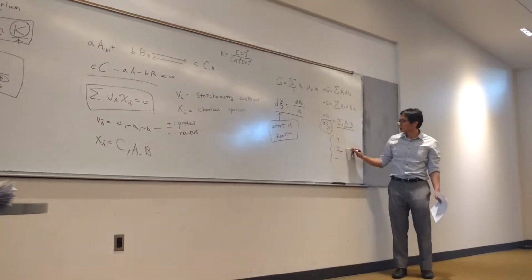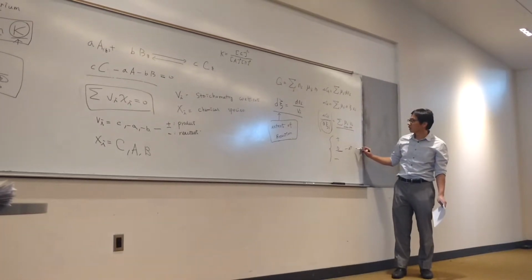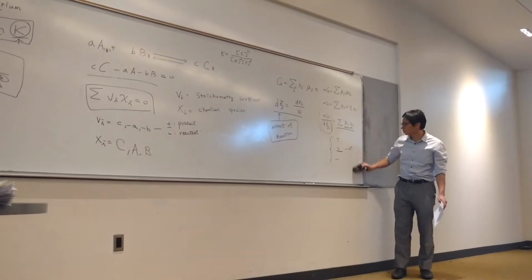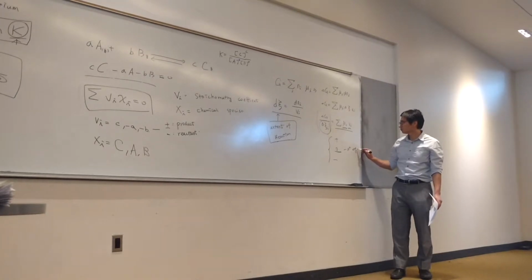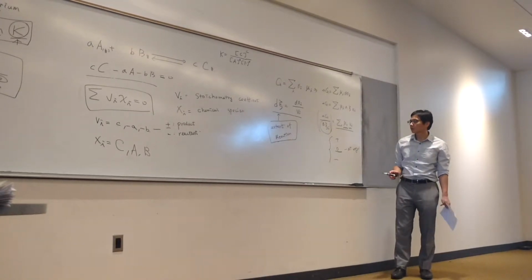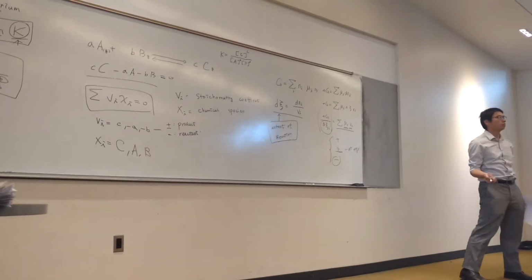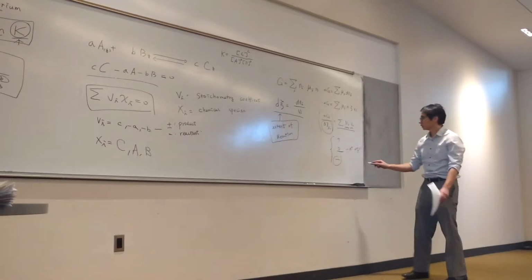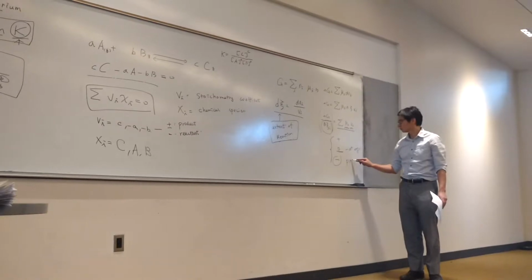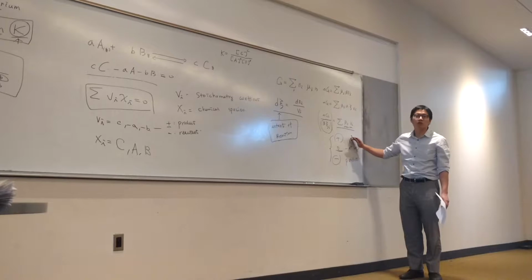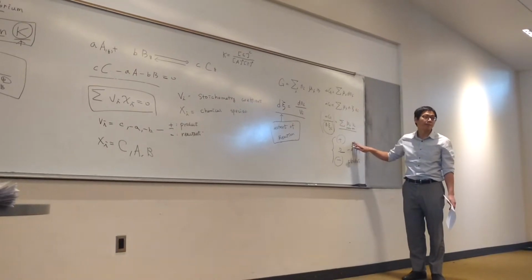Then you're going to have delta G over delta epsilon equals 0 at equilibrium. If it's negative, the reaction will continue to move to the product side. And if it's positive, the reaction is going to move to the reactant side.